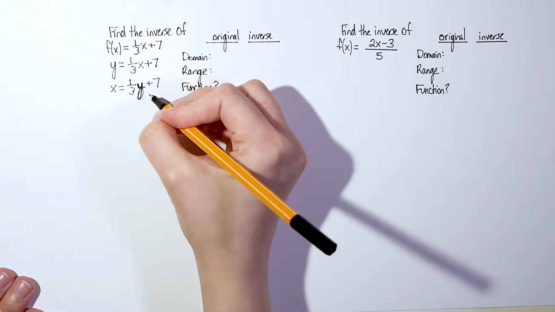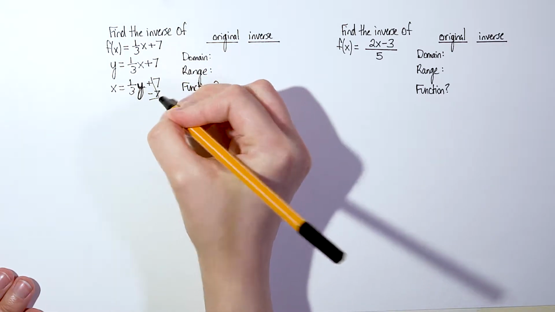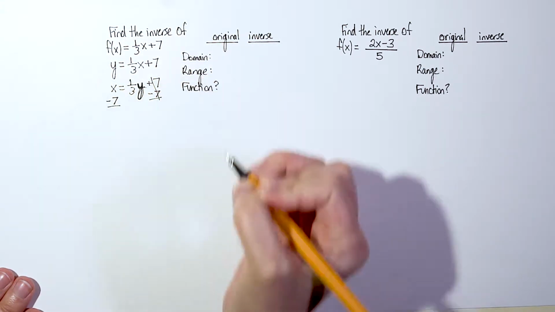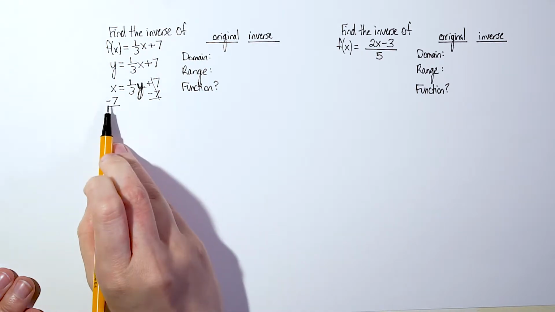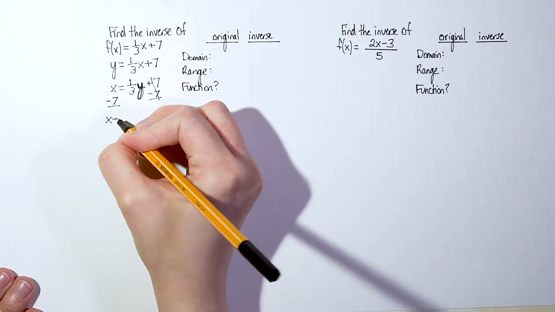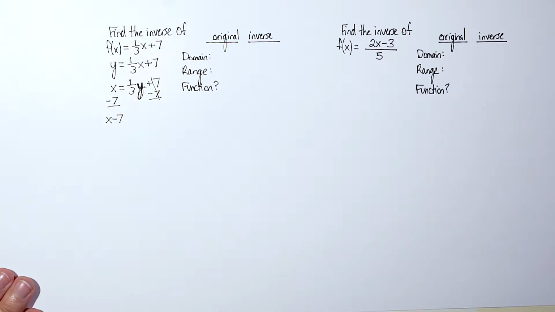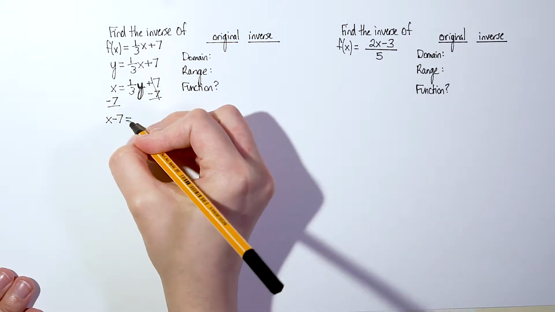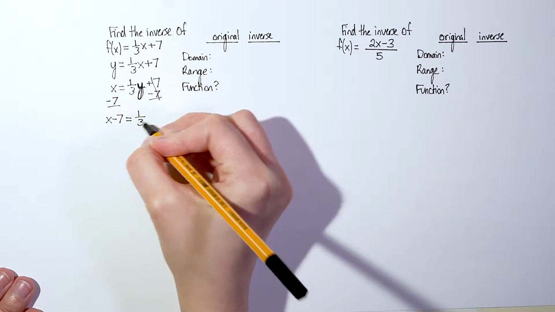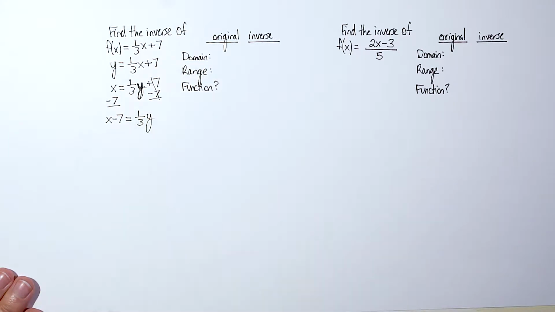In order to do that, I'm going to subtract 7 from both sides. And x minus 7, remember those are not like terms. I cannot combine them. I can just rewrite them as x minus 7 equals 1/3 times y.